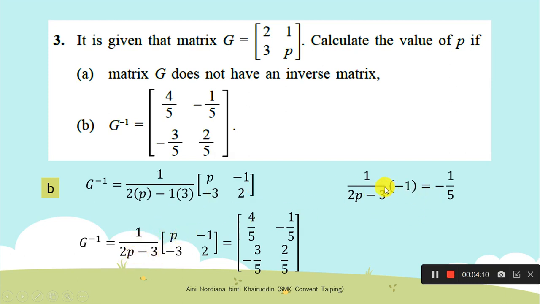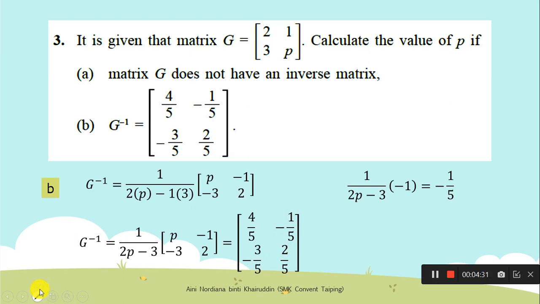So 1 over 2P minus 3 times negative 1, the first row second column element, equals the first row second column element of the given inverse.